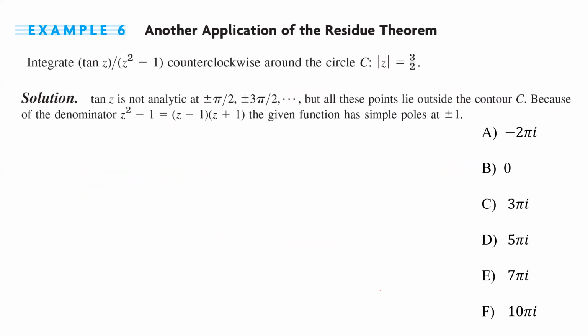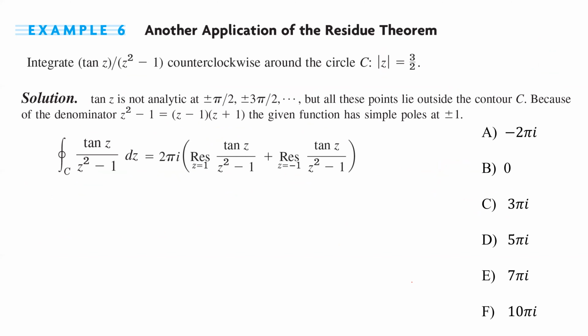All right. So this is the book solution. The integral of tan of z over z squared minus 1 is 2 pi I times the residue at z equal to 1 plus the residue at z equal to -1. The residue at 1 becomes tan of z over 2z. Here you see the book uses the second formula, the derivative of the denominator, which is 2z, and then evaluates at z equal to 1, and again at z equal to -1.